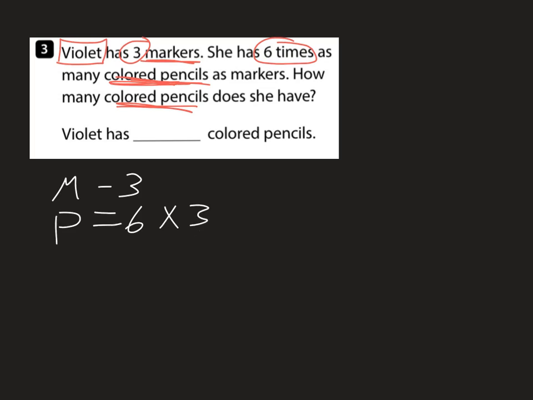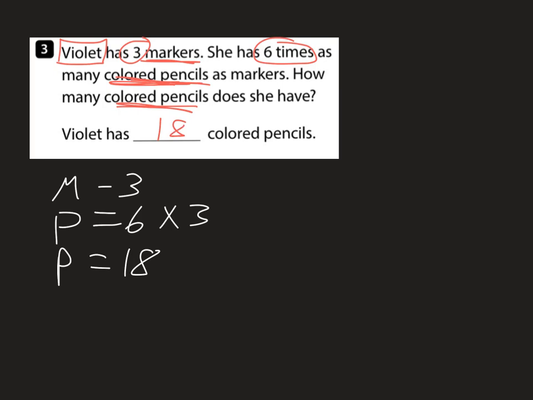So we have our equation with our variable. Our unknown value is our variable. 6 times 3 will equal P. So P equals 6, 12, 18. So I know that Violet has 18 colored pencils.